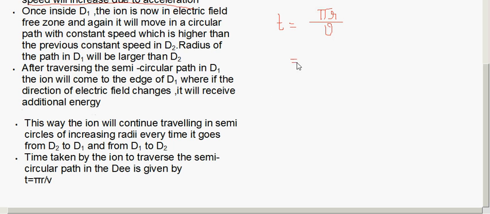So t equals pi into (1 by v) into mv divided by qB, and the v will cancel. So t becomes equal to pi m divided by qB.